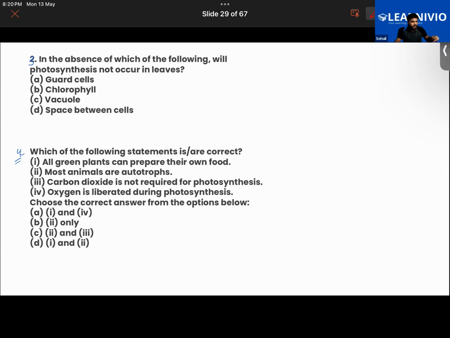By the way, which book have you guys been following? Is it NCERT or are there some other books you are following in your schools? NCERT. Okay.